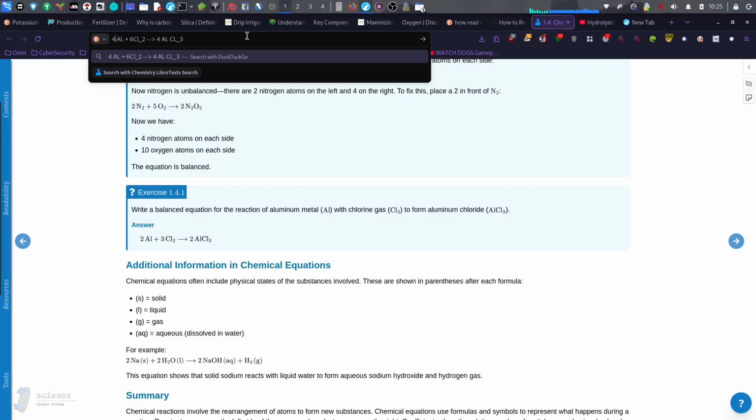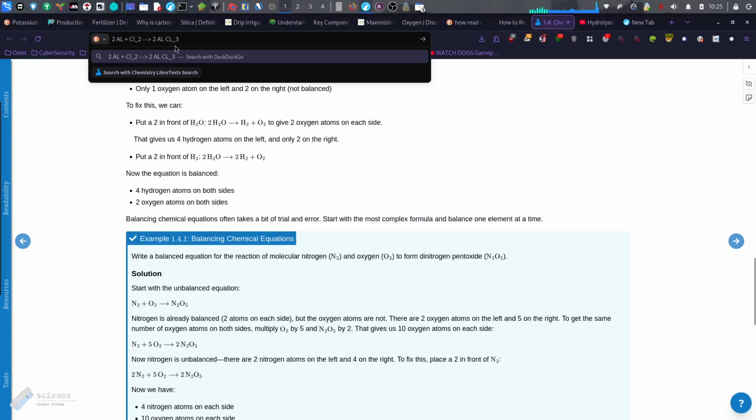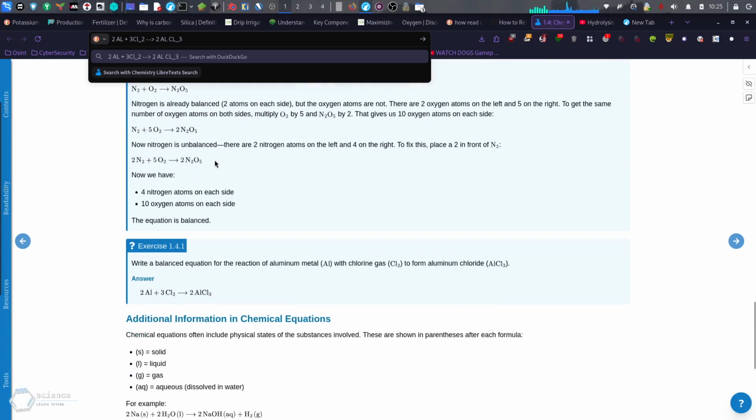Okay. Change aluminium and see how this affects it. 2 by 3 equals 6 atoms of chlorine. In here I need to add a number that makes 6. 2 by 3 equals 6.